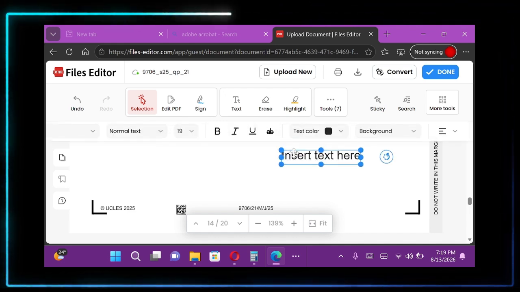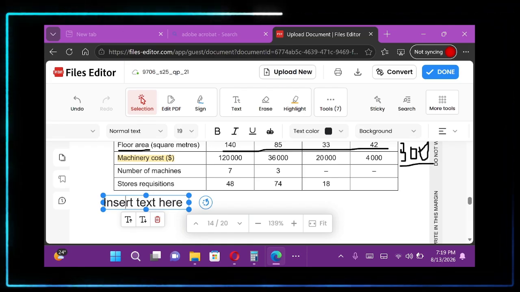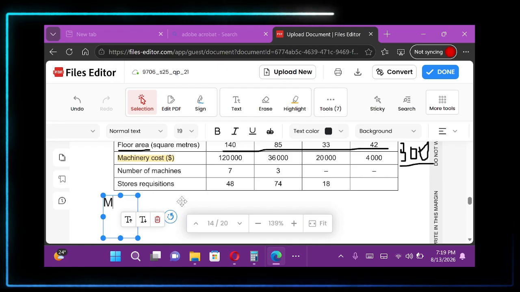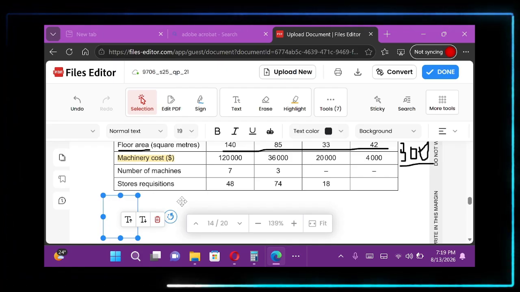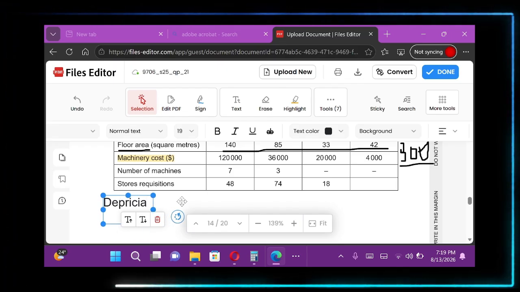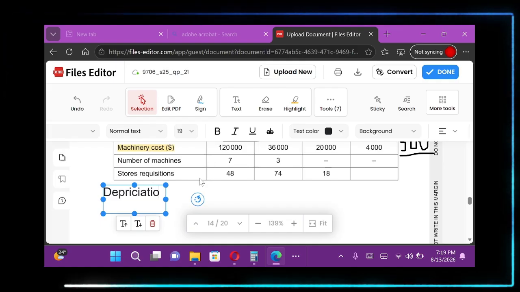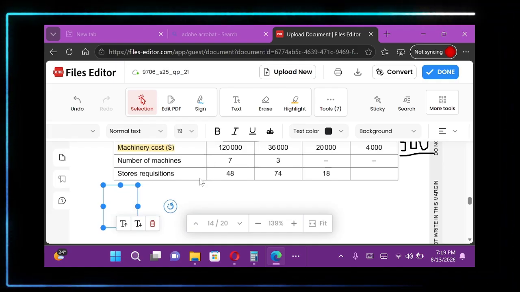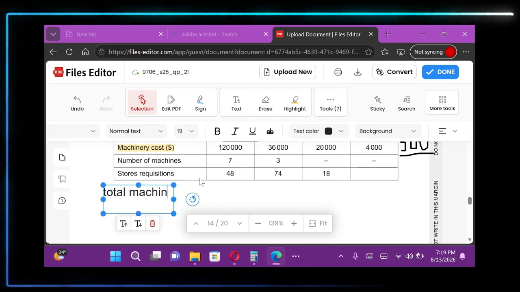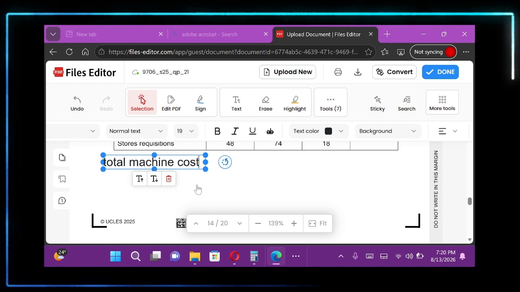Okay, so let's do it here. We're going to put the total machine cost. This is not necessary, but it's going to help us to remember the total amount.